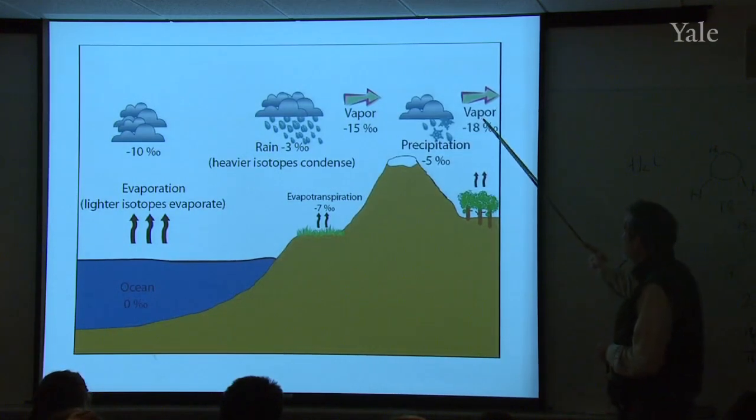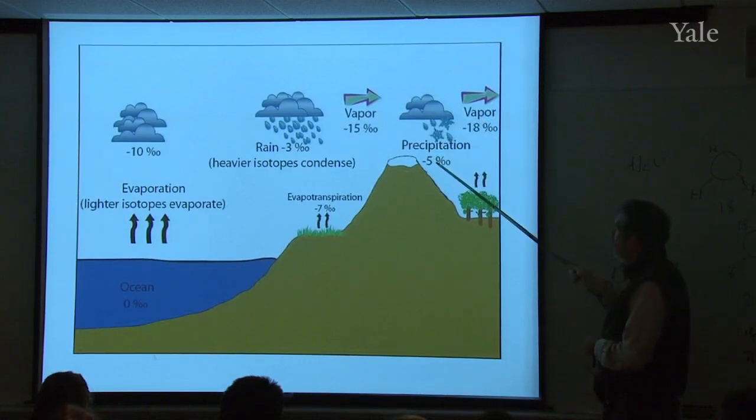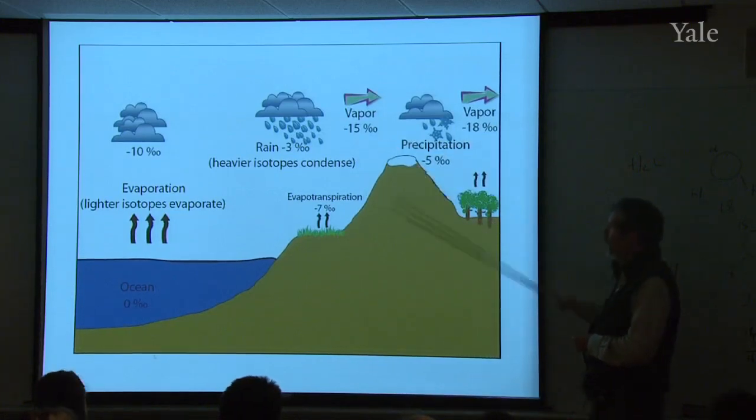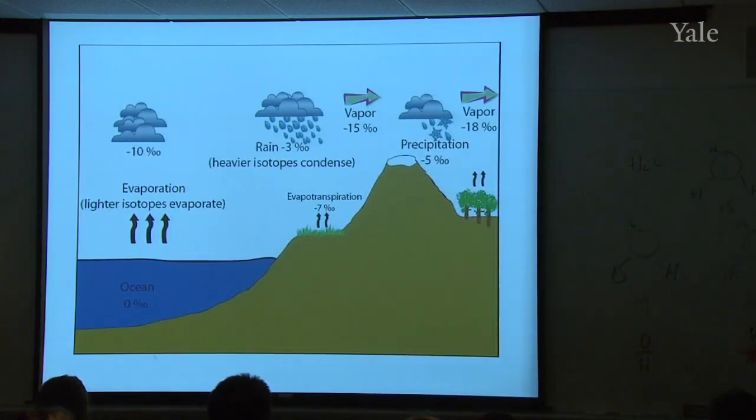And the vapor remaining is going to be even lighter because you've removed heavier isotopes of the vapor that you started with. So this is a progressive fractionation process. This is a little bit tricky, so if there's questions here, let me go back over this.